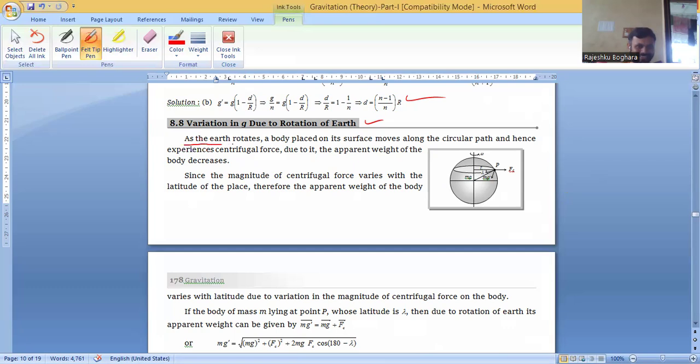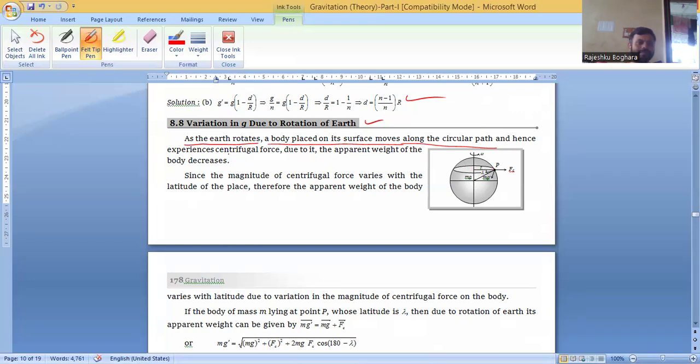As the earth rotates, a body placed on its surface moves along a circular path. Suppose the body is in this direction, the earth rotates about this axis, then this body moves in this circular path. This radius is smaller.